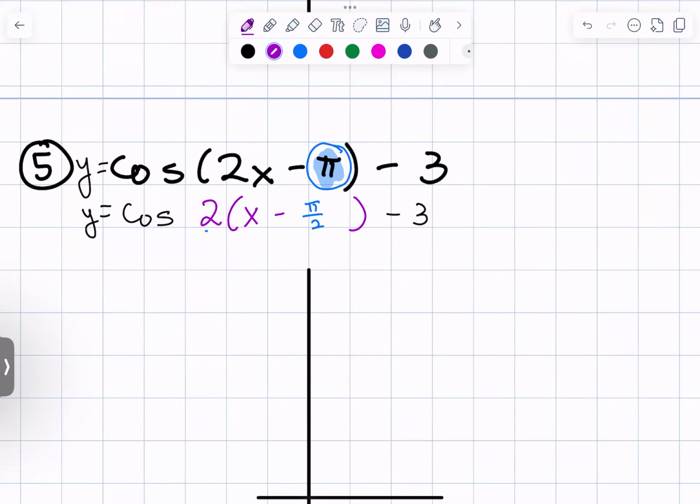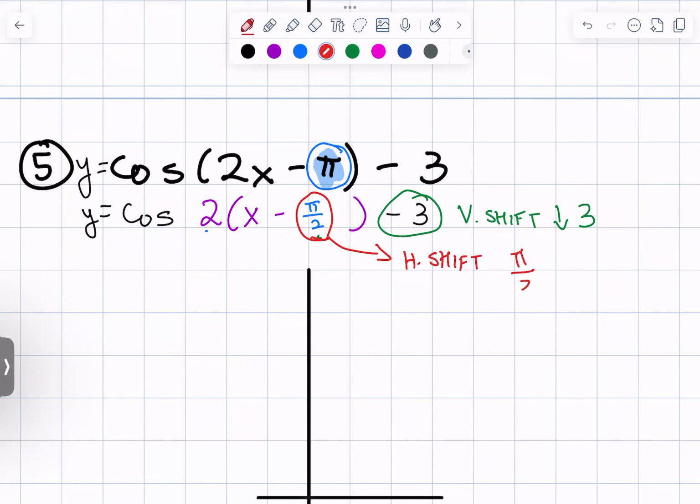I know that the minus 3 is going to be a vertical shift down 3 units. I know that this one here, pi over 2, is going to be a horizontal shift pi over 2 units to the, actually, you know what? Let me make this a plus, because we just did a minus.